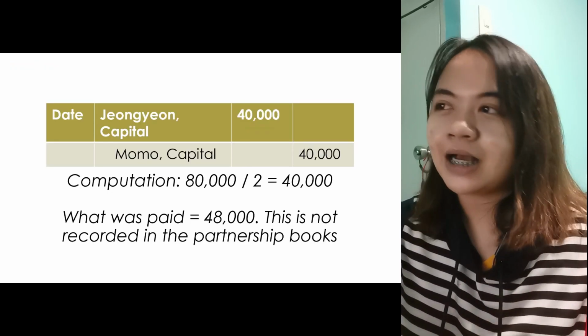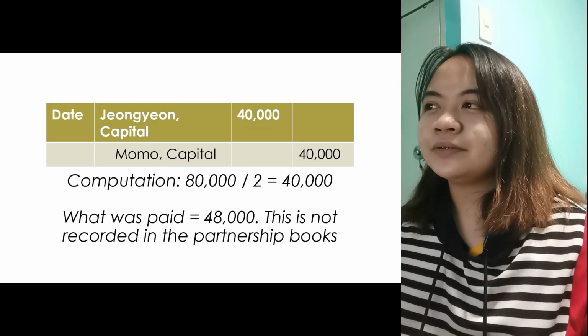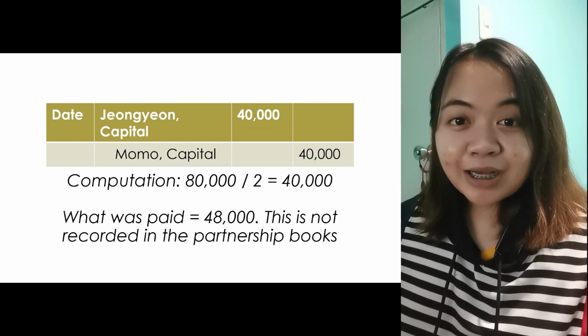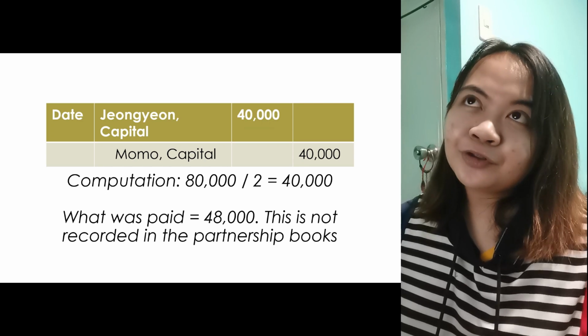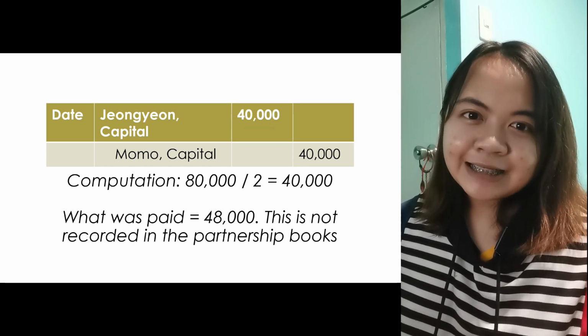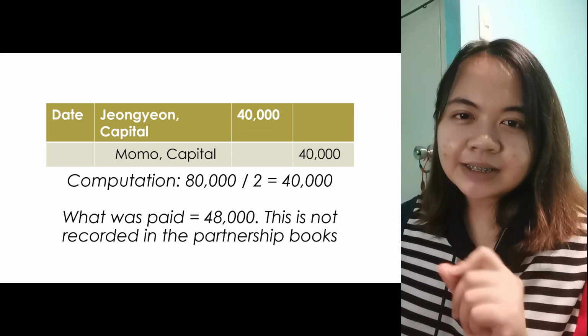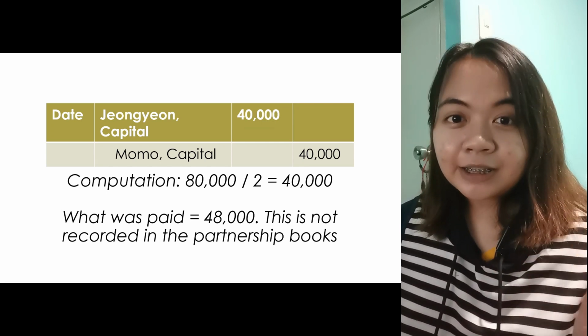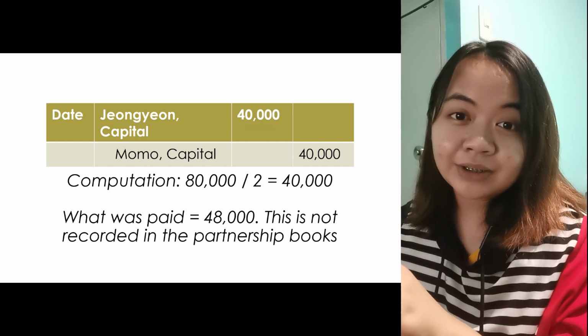So, tingnan natin kung paano yung account. Okay? So, ang entry niya is like this only. Babawasan mo ang capital ni Jonghyun. How do you decrease capital account knowing that increases are recorded? Normal balance ng capital account is credit. So, ide-debit mo siya para siya mag-decrease.